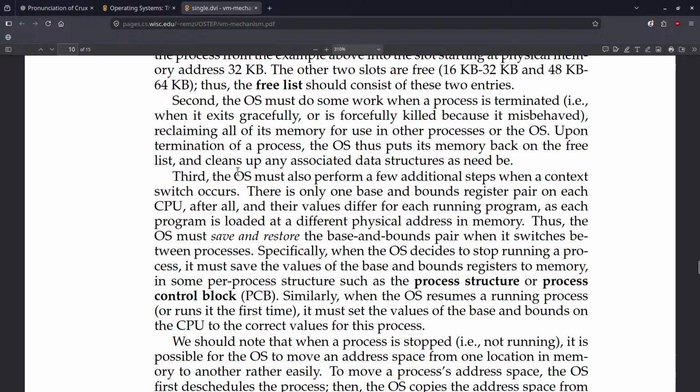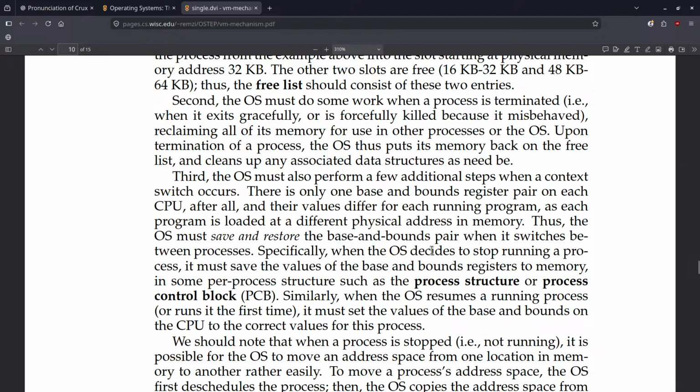Third, the operating system must also perform a few additional steps when a context switch occurs. There is only one base and bounds register pair on each CPU, after all, and their values differ for each running program, as each program is loaded at a different physical address in memory. Thus the operating system must save and restore the base and bounds pair when it switches between processes.